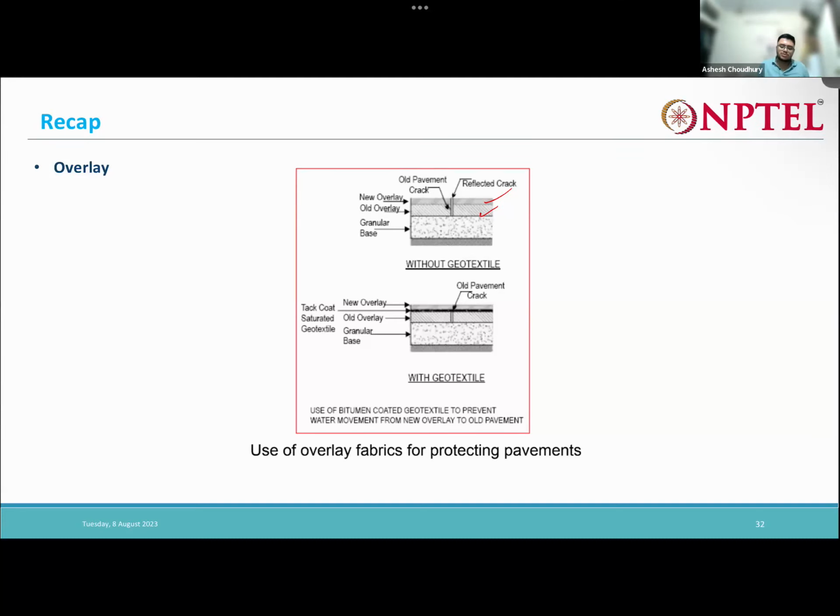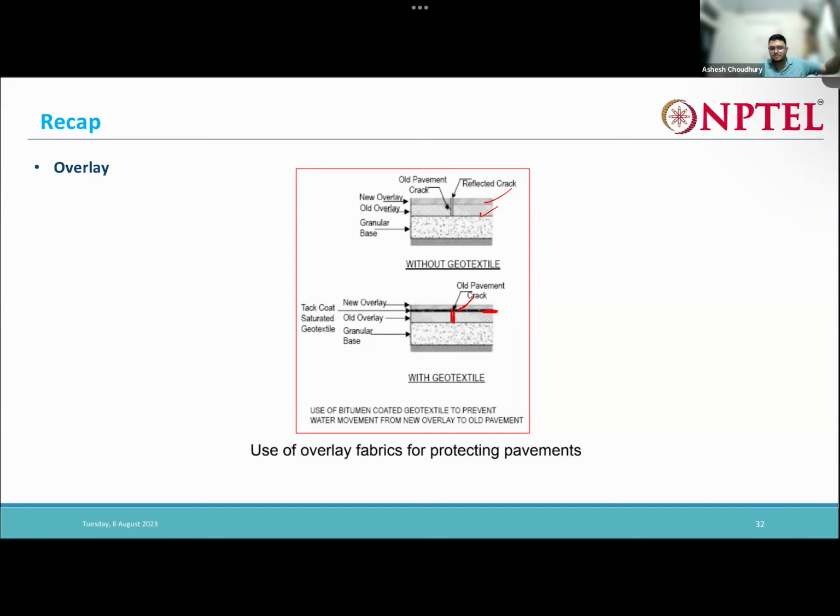To solve the problem, we place a geotextile layer between the old overlay and the new overlay. Here a tack coat saturated geotextile is used, so the crack in the old overlay cannot get transmitted to the new layer you have just constructed.